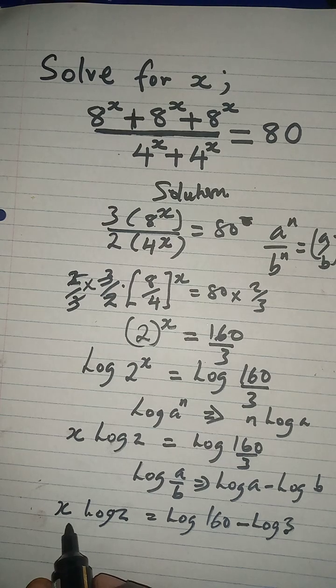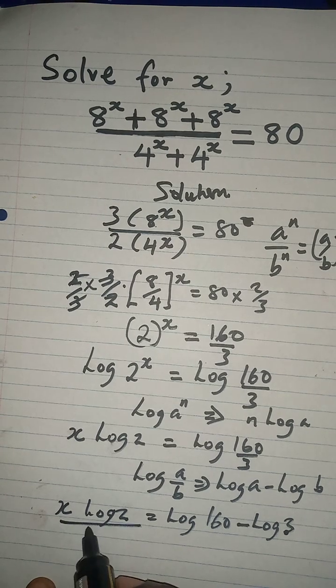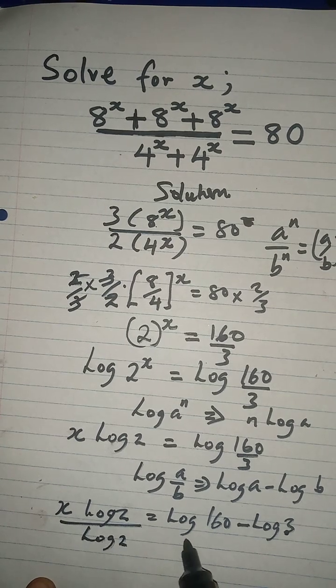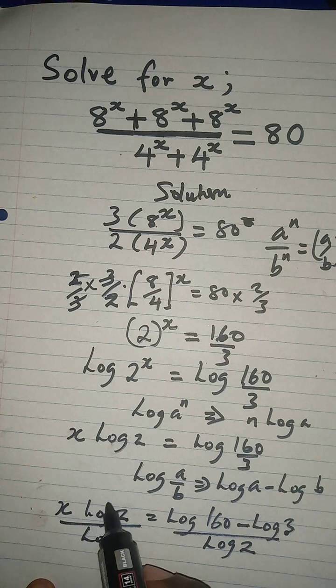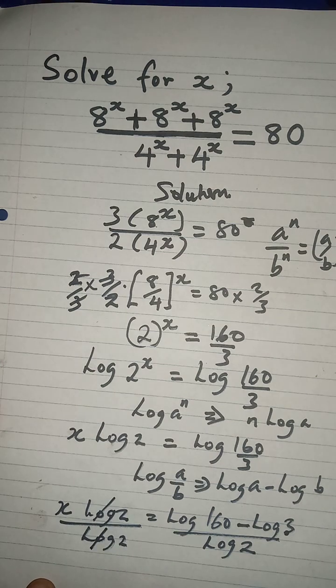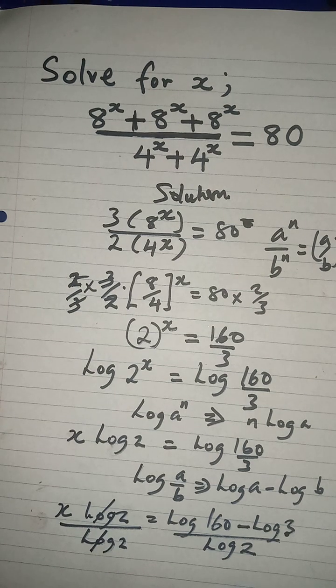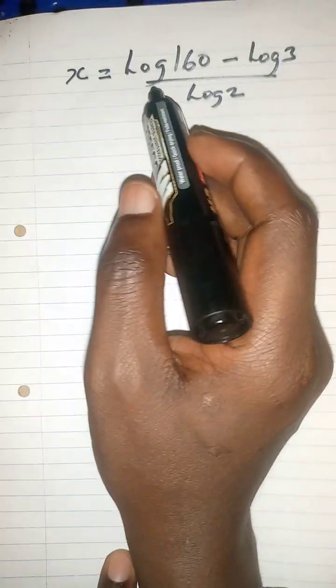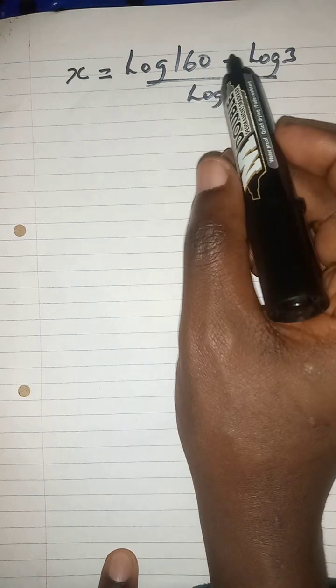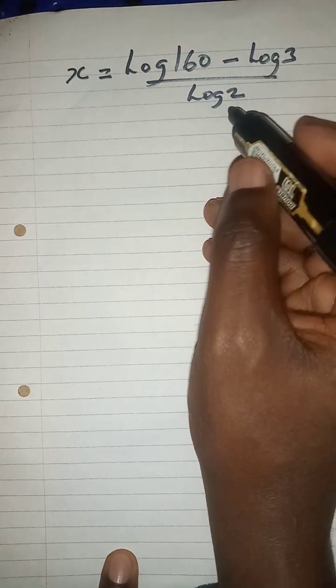Well, I'm going to divide all through by log 2. So everything on that side is also going to be times log 2, so that the log 2 and the log 2 are going to cancel, and then you remain with x is equal to (log 160 minus log 3) over log 2.